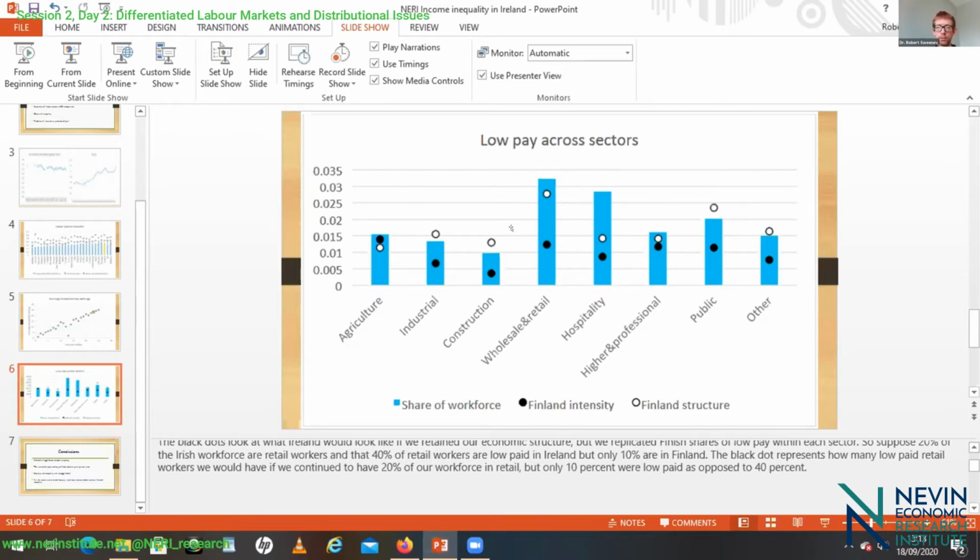And the black dots represent how many low-paid retail workers Ireland would have if we replicated the intensity with which Finland uses low-paid workers in the retail sector. In general, the black dots lower the percentage of the workforce we would have as low paid. It has a much more powerful effect than actually replicating the economic structure.